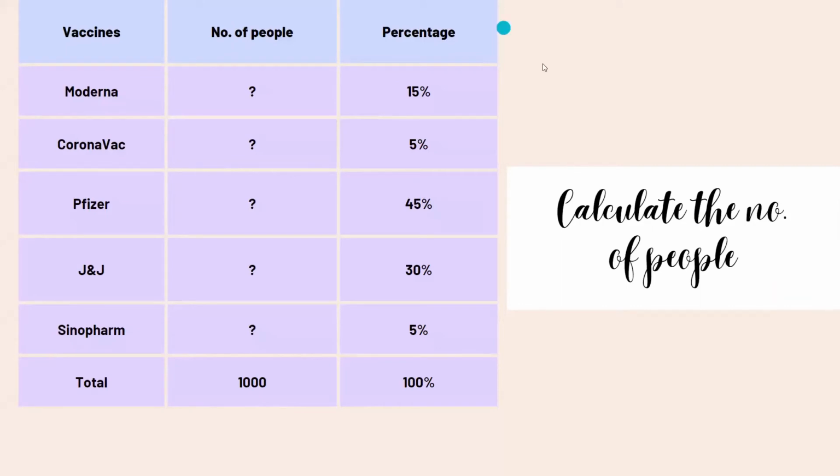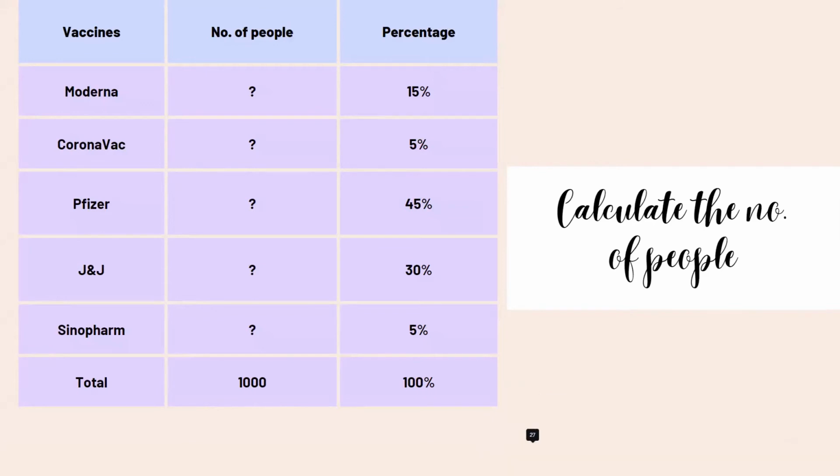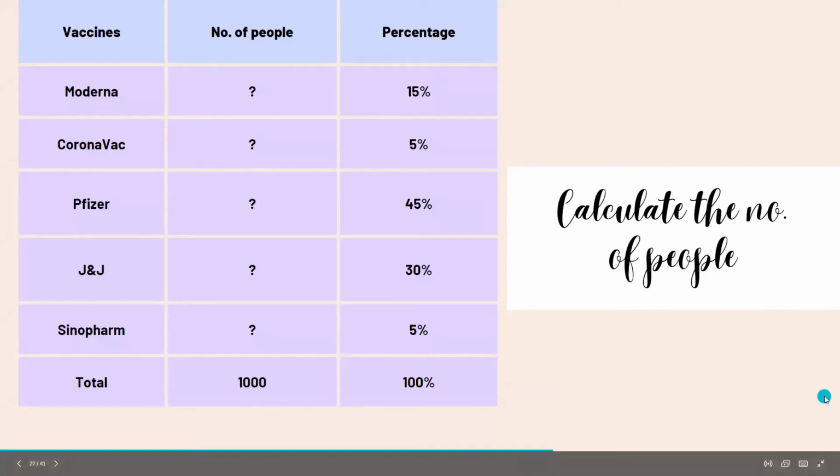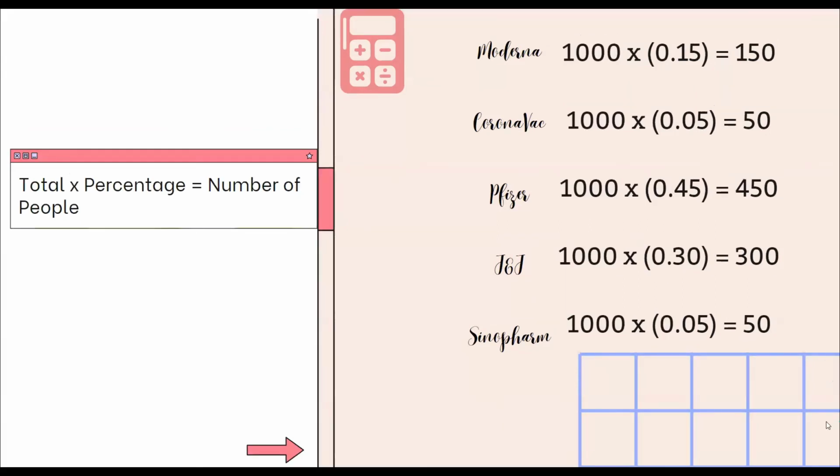Moderna has 15%, CoronaVac has 5%, Pfizer has 45%, J&J has 30%, and Sinopharm has 5%, for a total of 100%. So the solution of this, January will explain to you. Thank you. After gathering the data, as mentioned by Hensel, we first need to convert the percentages into the number of people.